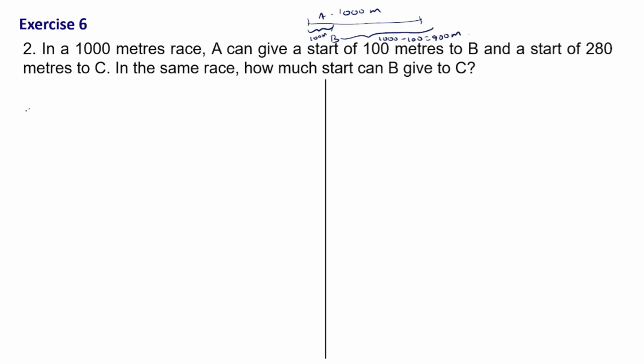So from this we can find the speed of A is to B. It is 1000 is to 1000 minus 100, which is 900.